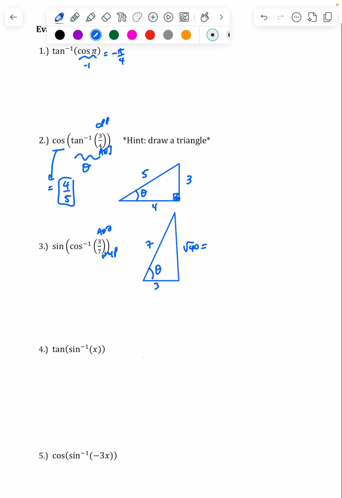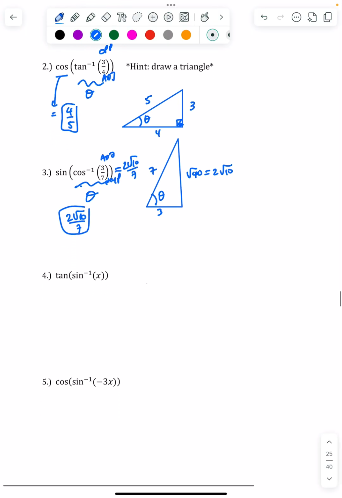This is going to be square root of 40, aka 2 root 10. So sine of that, opposite over hypotenuse, is 2 root 10 over 7. Okay? So that's not too bad.